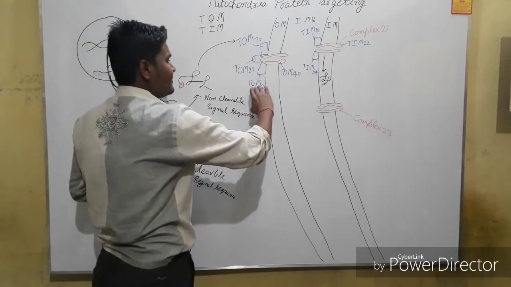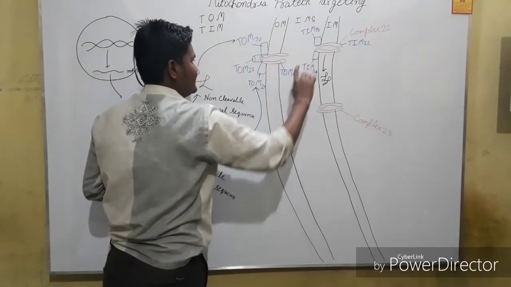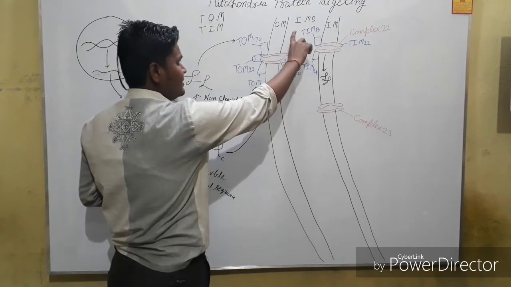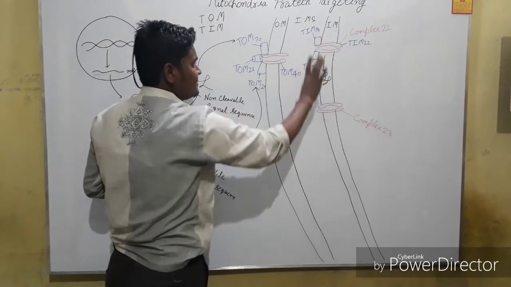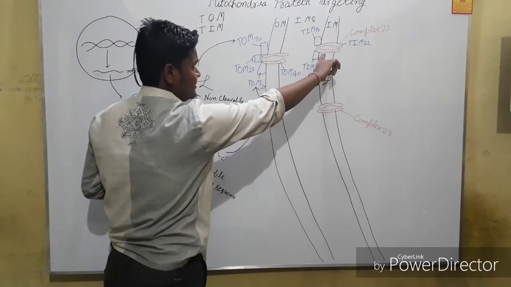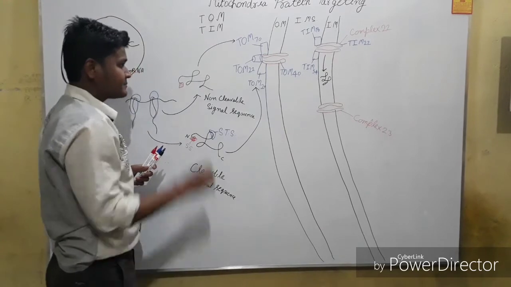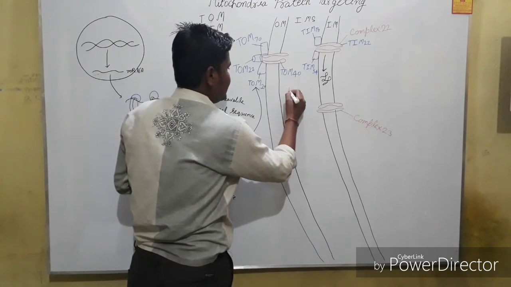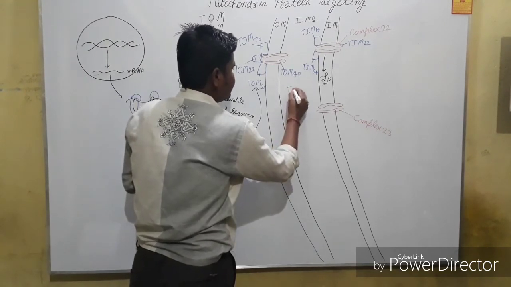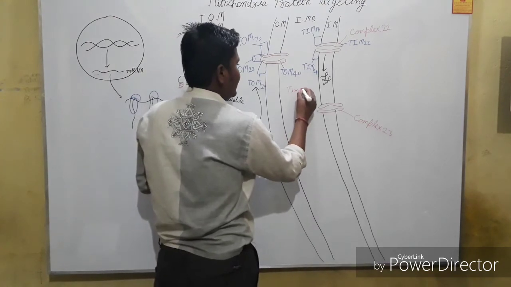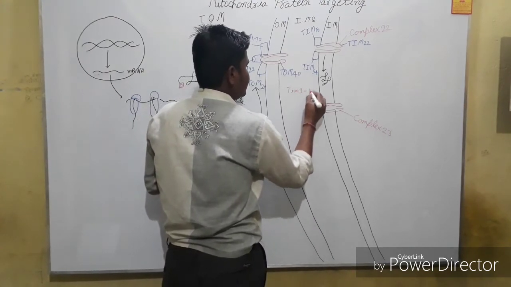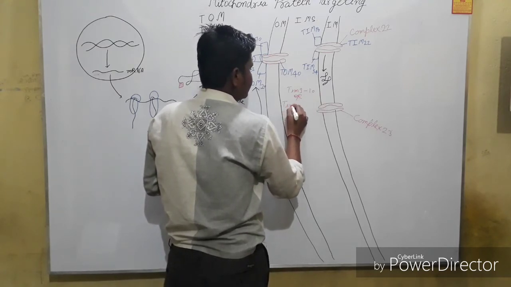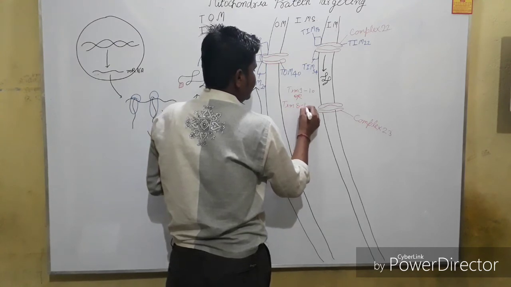Then they convey the protein inside the IMS, the intermembrane space, or to TIM22. Here there are so many complexes of TIM 9 and 10, or TIM 8 and 13.